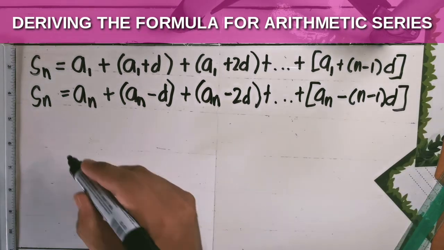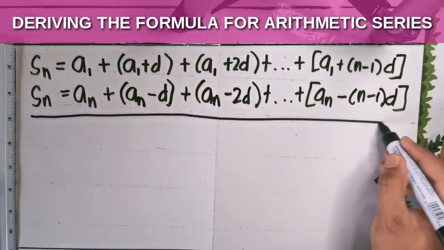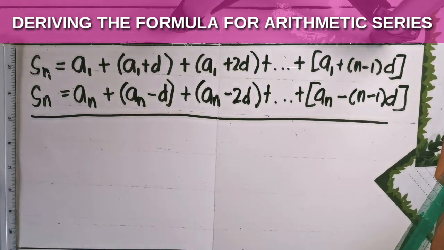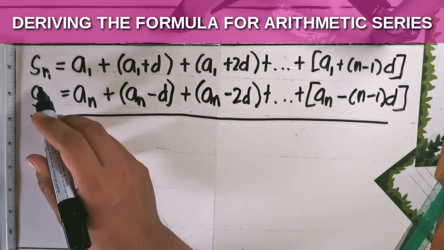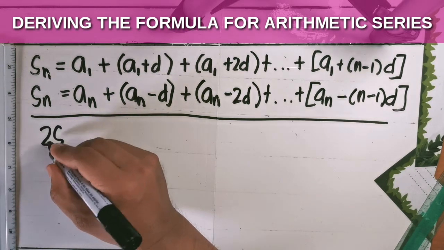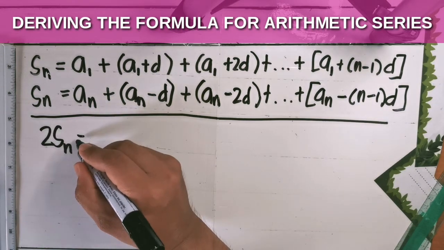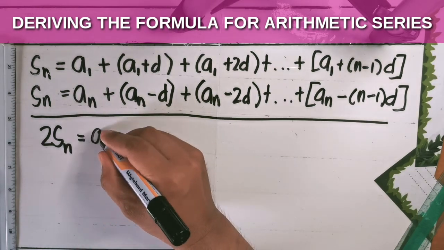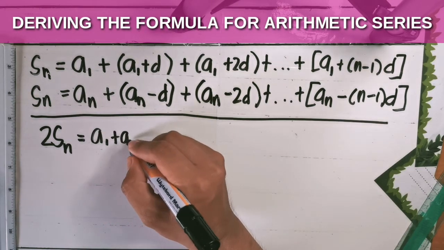After that, since meron na tayong equation, let's say this is equation 1 and this is equation 2, i-add lang natin ang dalawang equation. So, S sub n plus S sub n is 2S sub n. A sub 1 plus a sub n is a sub 1 plus a sub n.